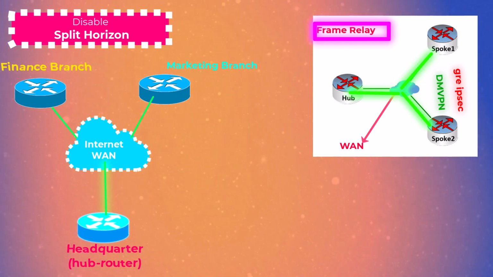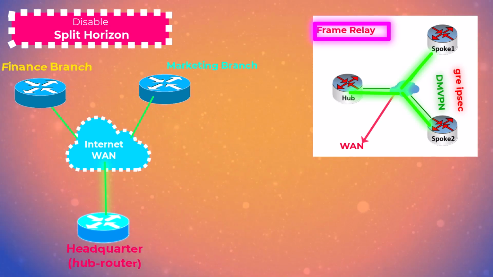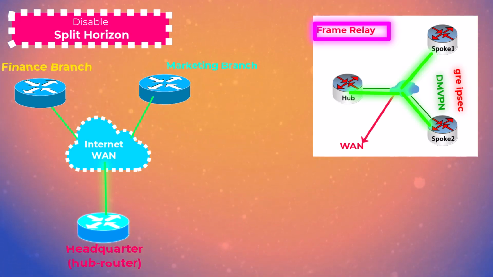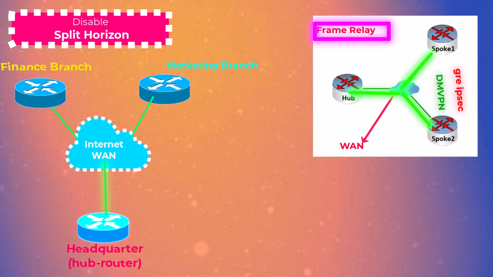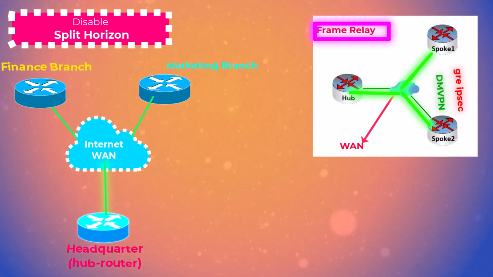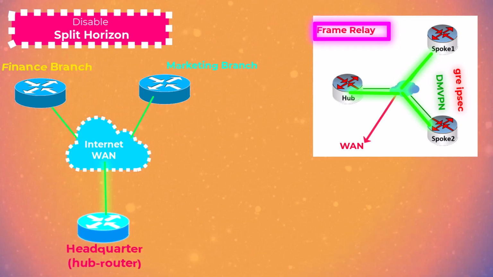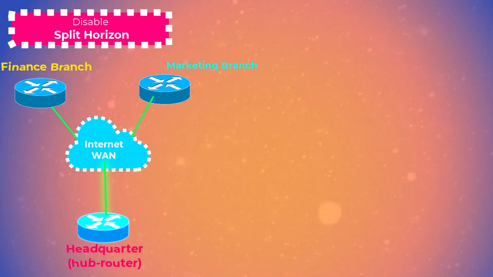Now we implement EIGRP to connect the branches to each other. But we notice the LAN networks cannot be advertised. Why? Exactly, because of the split horizon mechanism. So we should disable split horizon to resolve the problem in this situation. Now it sounds clear, right? Great.